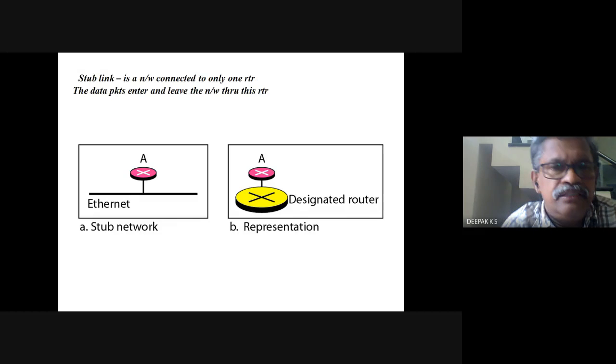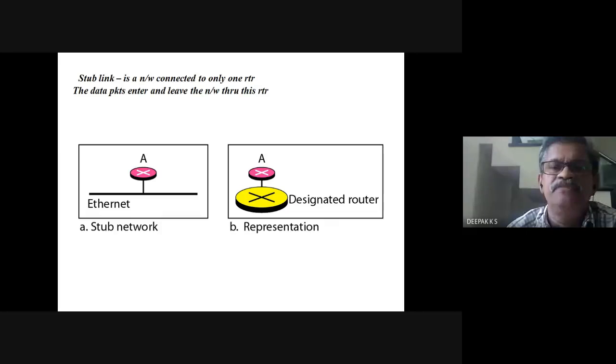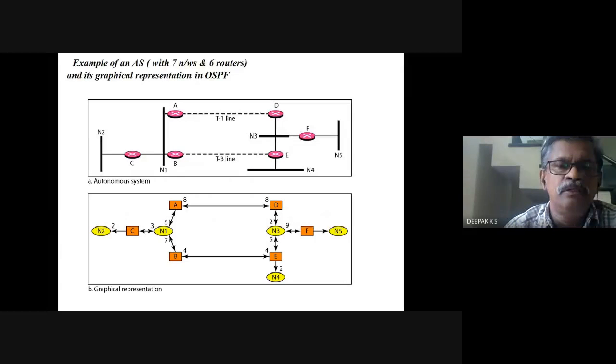Then the stub link. It is connected to only one router, called a stub link. It can communicate with this, and only one link is there here. So here we have an autonomous system with 7 networks and 6 routers. In OSPF, we would sometimes represent it like this.